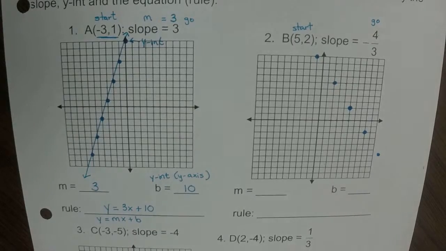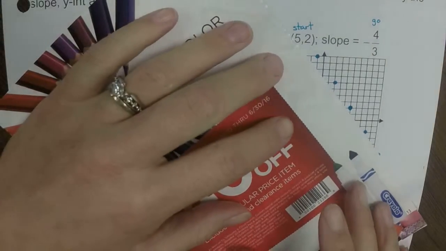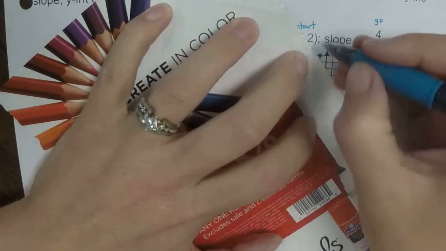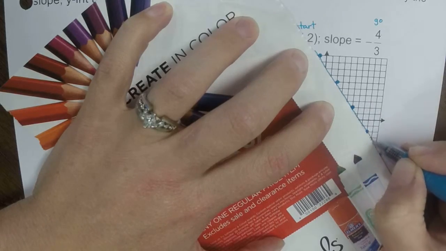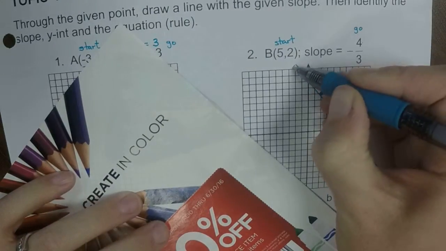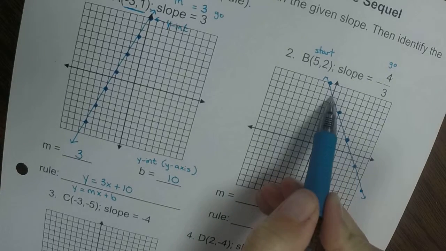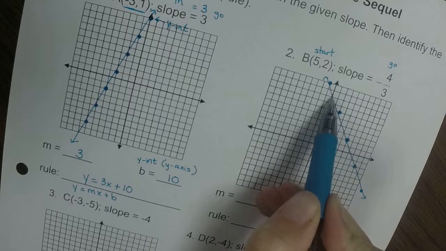So this time we should notice that there actually isn't a point on the y-axis. So that makes finding your y-intercept a little bit more difficult. Now, it looks like it probably goes through somewhere between 8 and 9. It looks close to 8, but if it was exactly 8, we would have a point there.